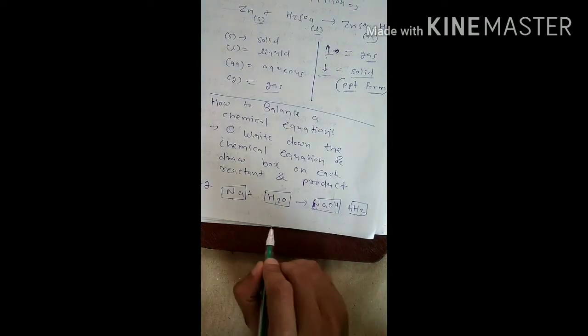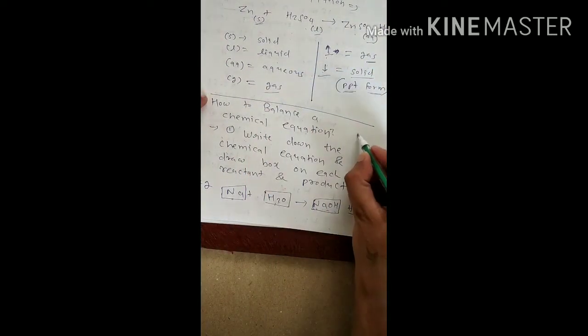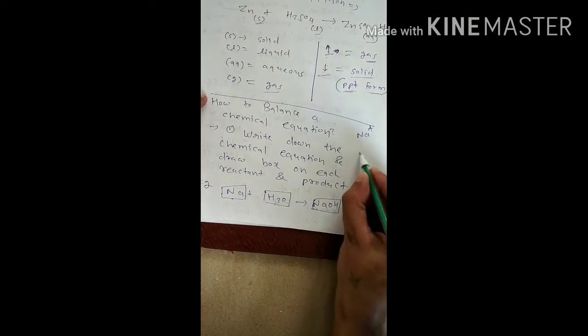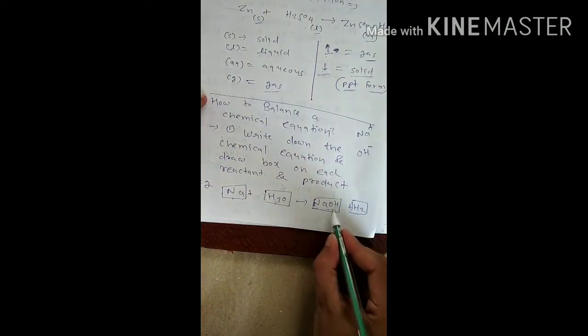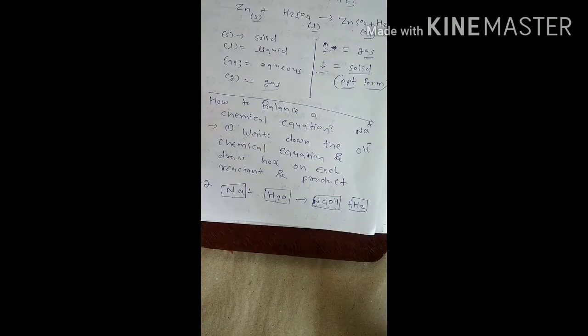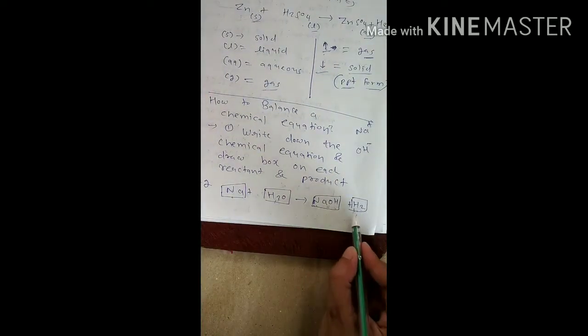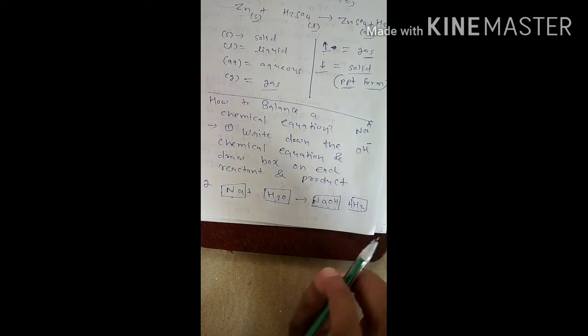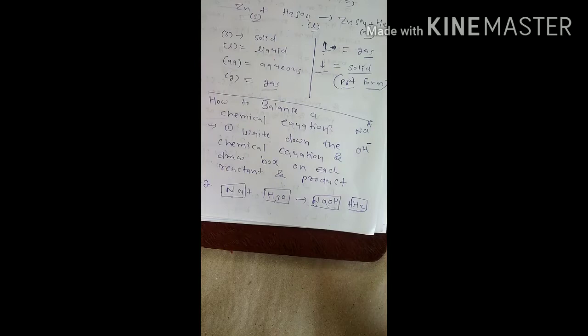Sodium is Na plus, and I am writing here Na plus and OH minus. Both are 1. By cross multiplication you will get NaOH. And hydrogen gas is H2. So I have written the simple equation here.